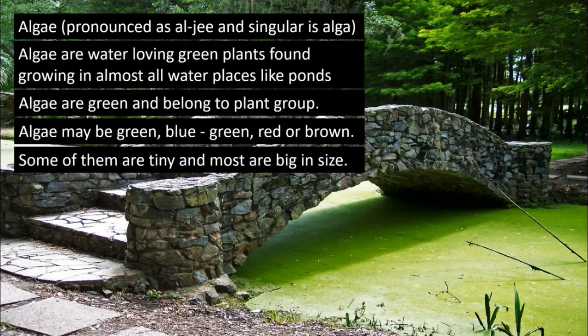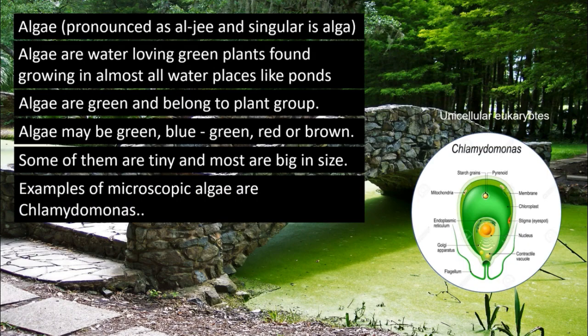Some examples of algae are Chlamydomonas, and there are again varieties of Chlamydomonas. These are unicellular organisms. They are made up of a single cell. Another example is Chlorella.